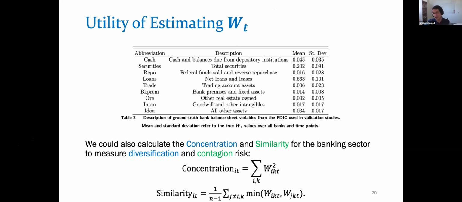There are other risk measures you could cook up as well, but you can see the utility, hopefully, of estimating these. And if you're wondering what the Ks actually are, what the assets actually are, that's what the table at the top is showing you. So we have cash, securities, repo, loans, and so on and so forth.